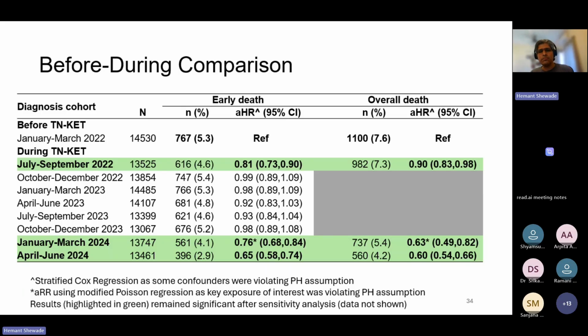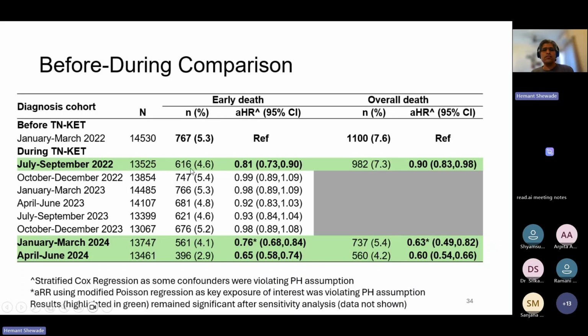It confirms that after adjusting for potential confounders, starting 2024, we see significant reduction in TB death rate in every quarterly diagnosis cohort, not only early death rate, but also overall TB death rate. We also confirmed this after doing a sensitivity analysis, where loss to follow-up was also considered as death. Our results were consistent even after doing the sensitivity analysis.